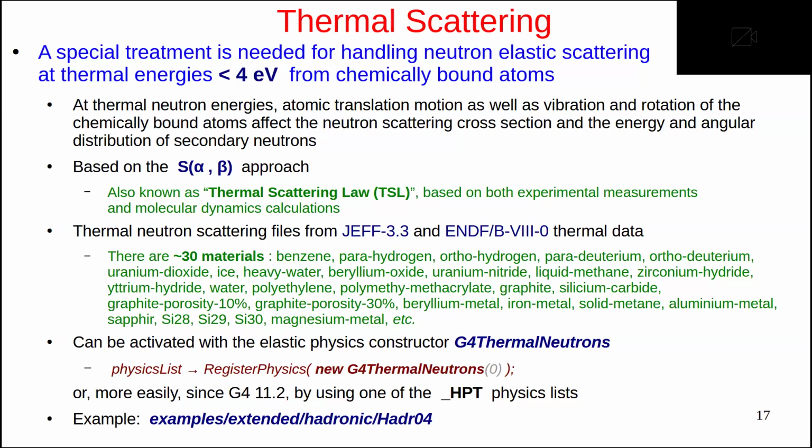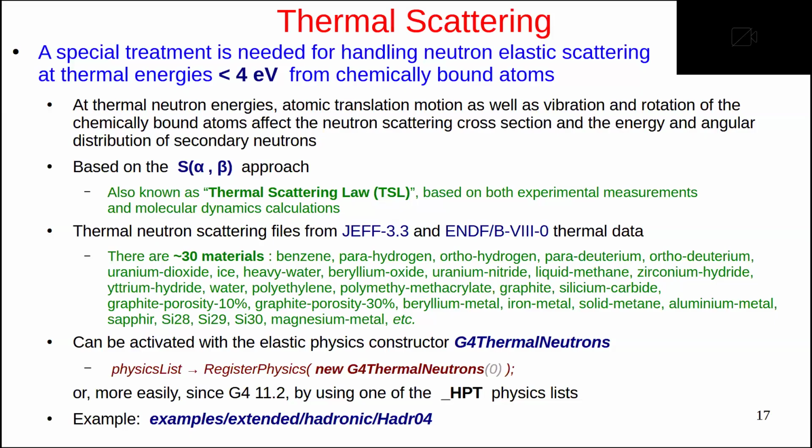Again, remaining on this sophisticated, precise treatment of low energy model, for thermal energy, we said that this HP is used for neutron below 20 MeV. If we go even lower and lower in energy, let's say below 4 electron volt, roughly, what is happening is that the quantum mechanical wavelength of a neutron is big enough to be sensitive not only to a single nucleus, but even the molecular structure of the thing.